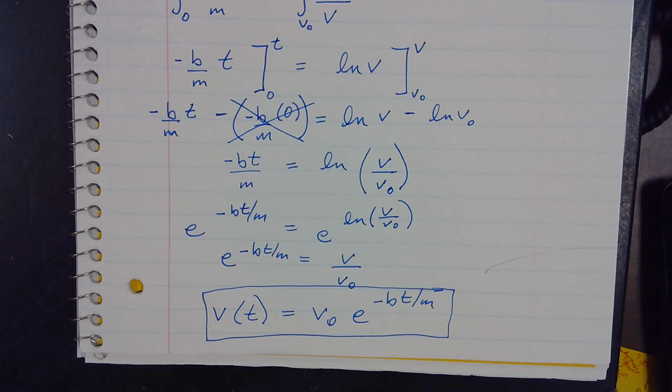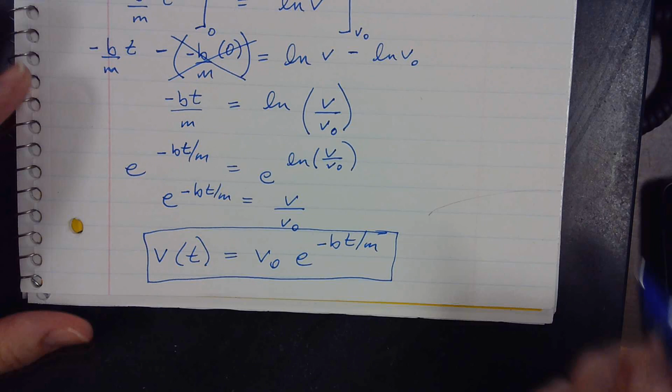The car's going to slow down pretty quickly. But as the car slows down, it's at a lower speed, so there's less drag force. So it's going to slow down at a slower rate. And then it's going to even slow down at a slower rate because there's less drag force. So it's never actually going to stop.